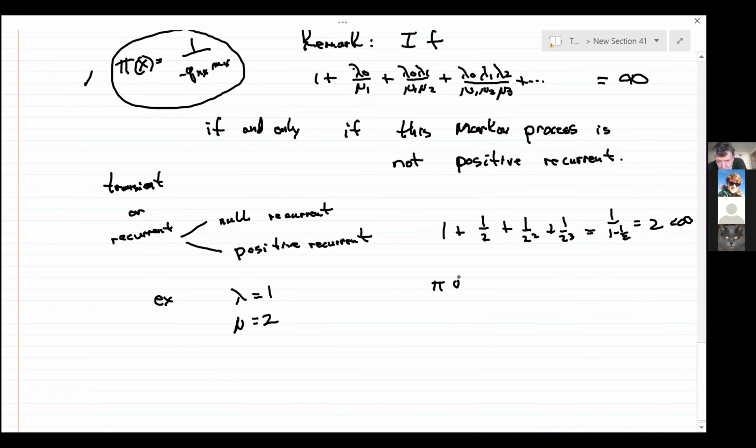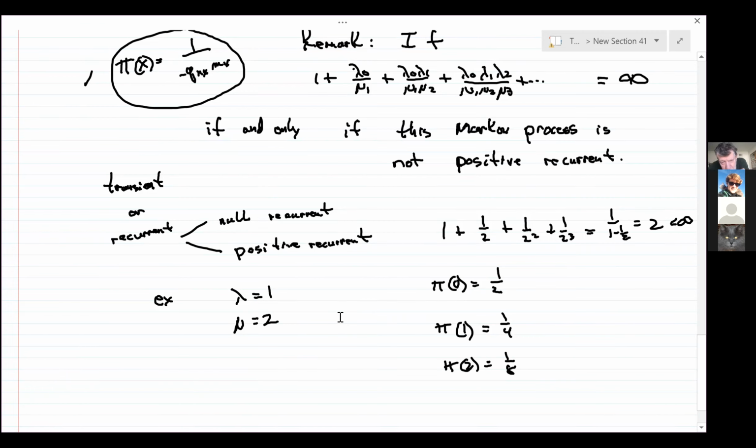Pi 0 looks like 1 over the series, which is 1/2. Pi 1 would look like 1/2 times 1/2, so it would be 1/4. Pi 2 would be 1/8, and so forth. So in this case, if the death rate is faster than the birth rate, then there's a stationary and a steady state distribution.